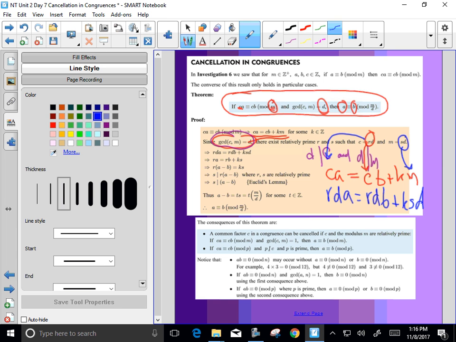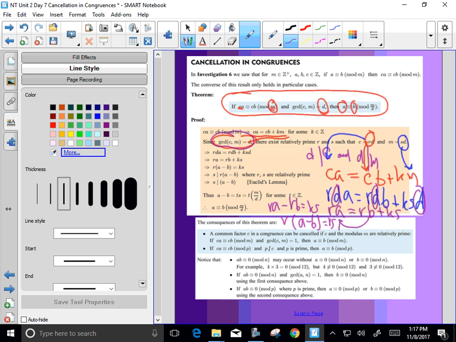What is in all three of these? A D, right? So you can take these D's out and get RA equal to RB plus KS. Then move this to the other side, so you get RA minus RB equal to KS. Factor out the R's and you get R times (A minus B) equal to KS.